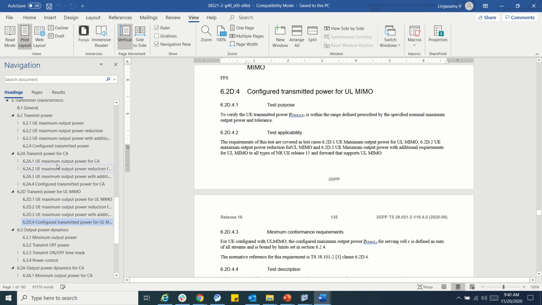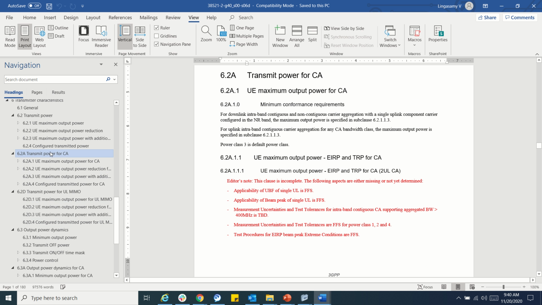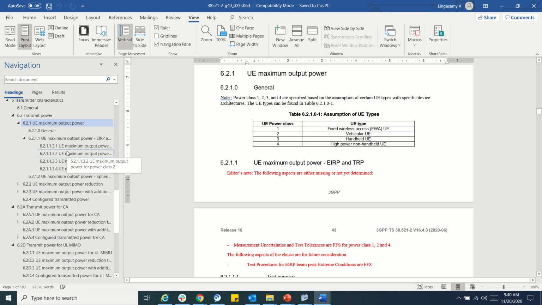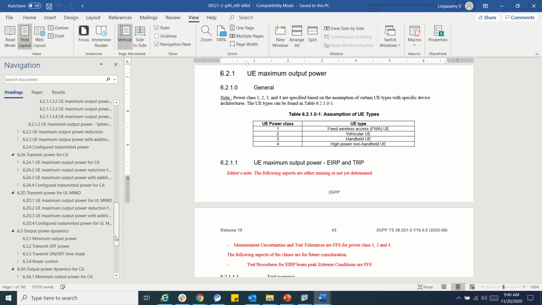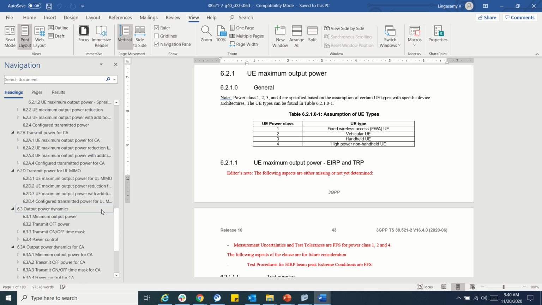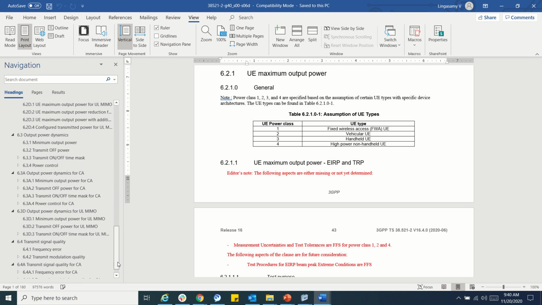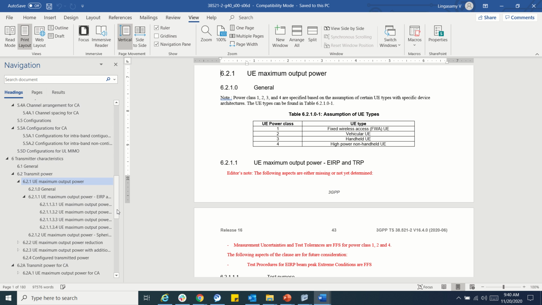You are measuring only power, but in different scenarios: one for carrier aggregation, the other for uplink MIMO. Then there are several output power dynamics tests for carrier aggregation and uplink MIMO. Ultimately you measure only one power value, but for different scenarios. That is the beauty of this testing.